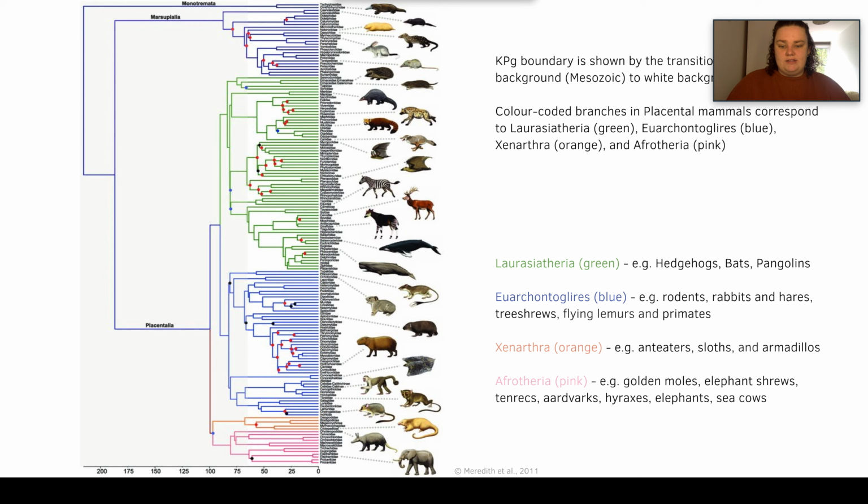It's really interesting the rate at which they rapidly diversified. In this cladogram, they've colour-coded branches of placental mammals, and we will go on to that in a bit.